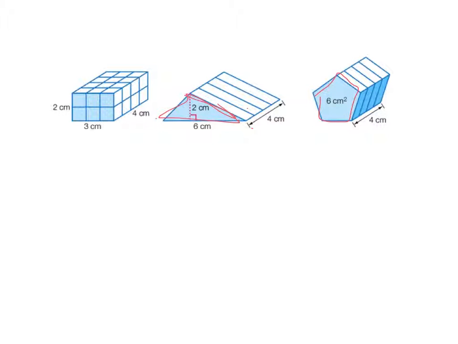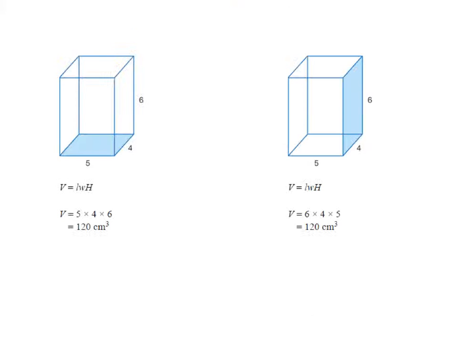And then over here you've got your pentagonal based prism. Now, when you're trying to work out which numbers to look at, you can basically start anywhere.